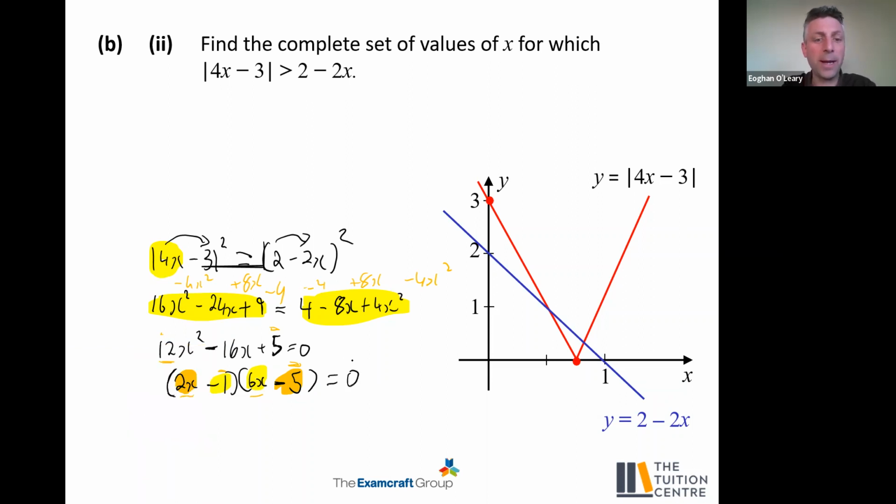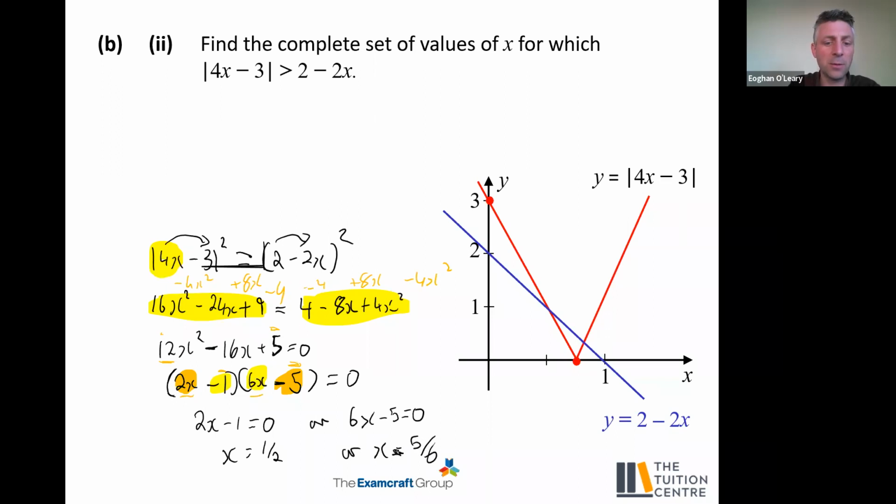So I can say I have two brackets multiplied together equals 0. Either the first is 0 or the second is 0. So then I will get solutions. x equals 1/2 or x equals 5/6. So those are going to be my two solutions.